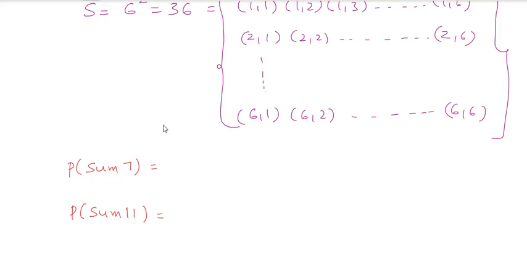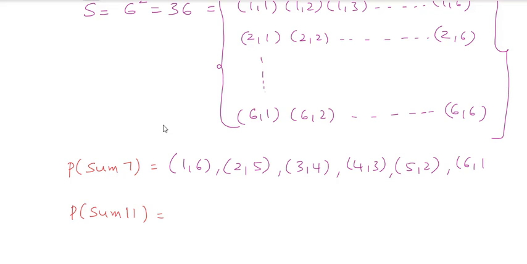They are 1 comma 6, 2 comma 5, 3 comma 4, 4 comma 3, 5 comma 2, and the last one 6 comma 1. Am I correct or not? In total we have 6 cases, out of a sample space of 36, which is 6 divided by 36.